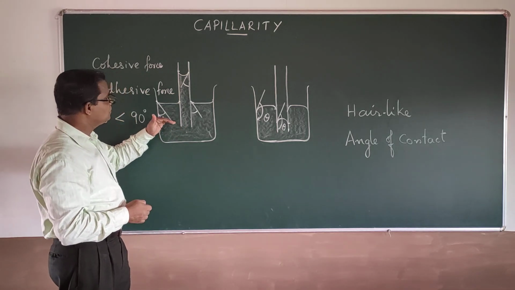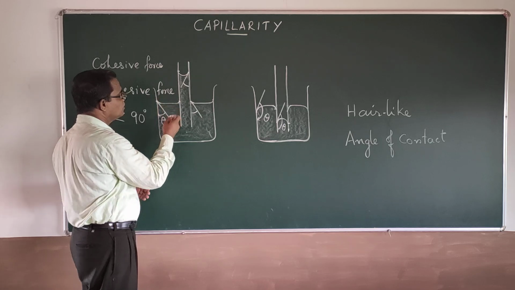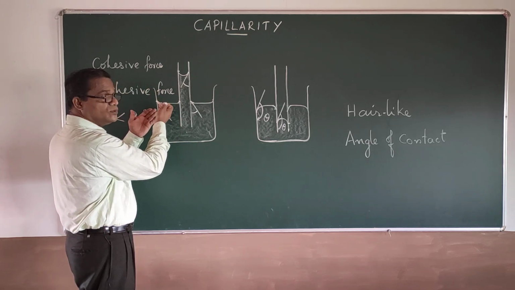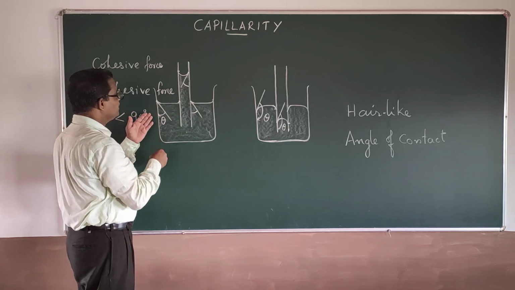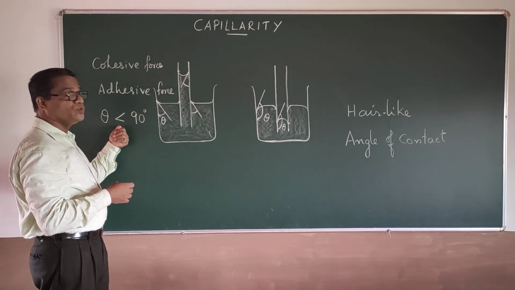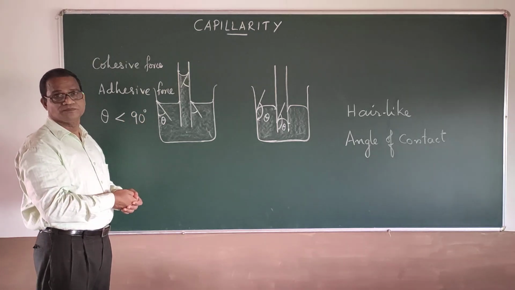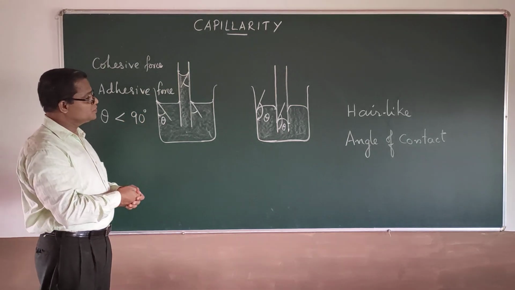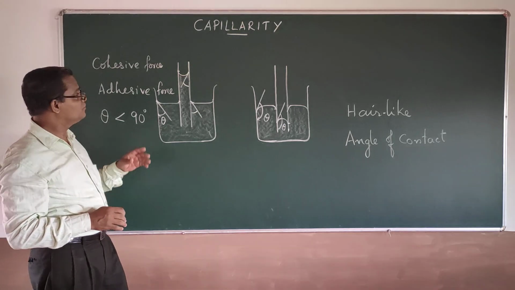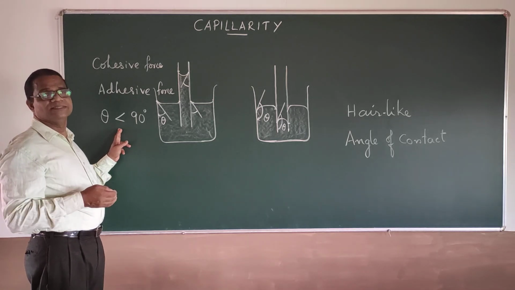And also the leaning over of the liquid is taking place with the acute angle of contact because the cohesive force is small. So these are the points to be noted for the angle of contact being acute or less than 90.